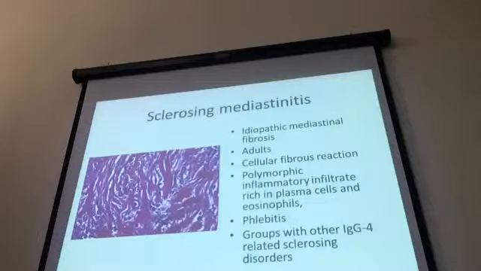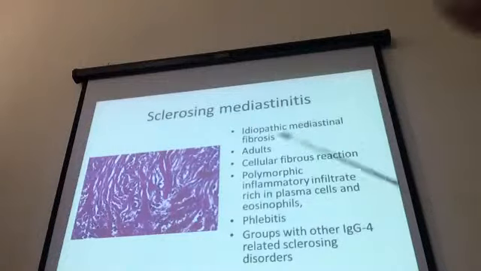This entity, sclerosing mediastinitis, is difficult. Other terms for this are idiopathic mediastinal fibrosis, but this is not the same as inflammatory myofibroblastic tumor, different from that.